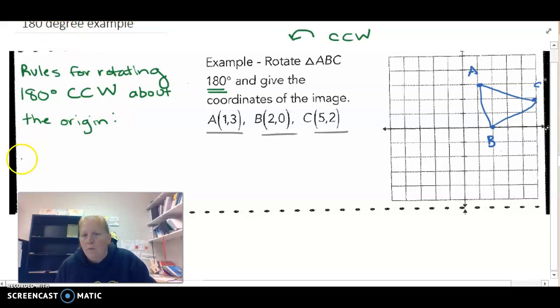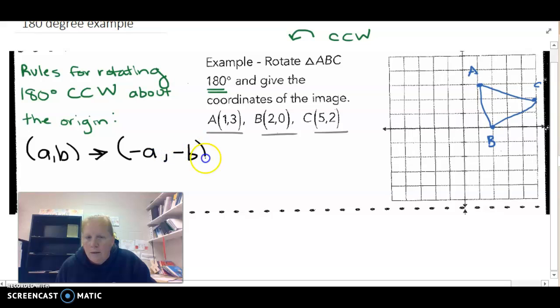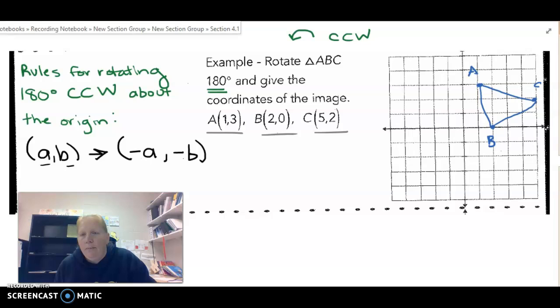All right, so my rule here is AB goes to negative A, negative B. Okay, so the order doesn't change. I just negate both of them. So remember, if it's a negative, it'll become a positive. If it's a positive, it'll become a negative.